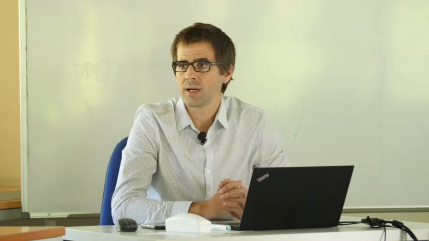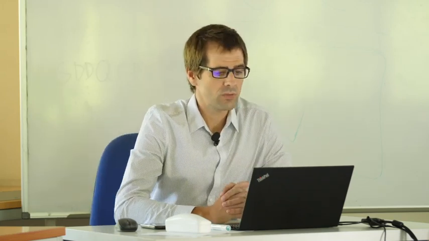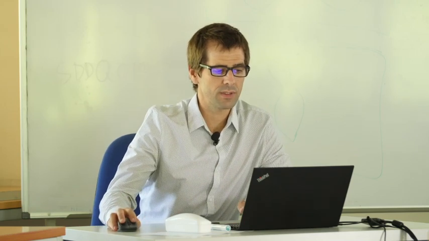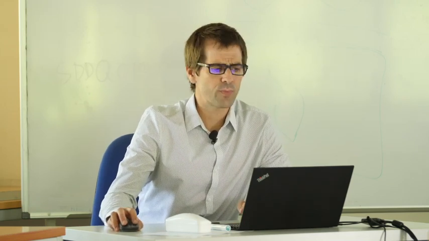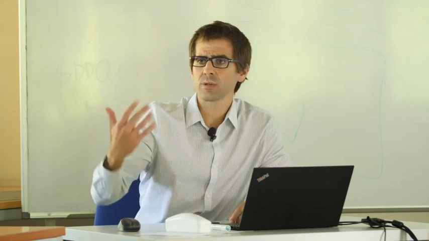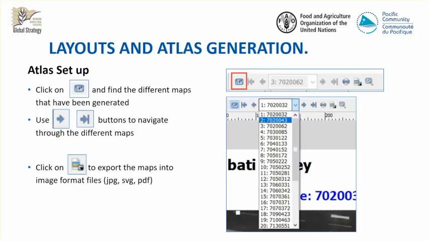So now we have configured our atlas. Just to show you, when we click on this button, it's a preview atlas, where we can view the different EA maps. We just click on it, and with this menu we can navigate through the different maps.